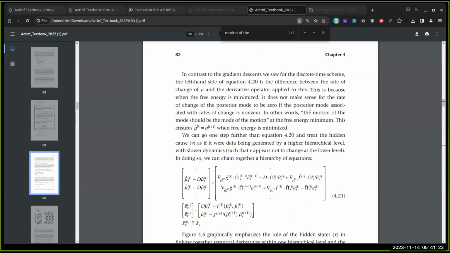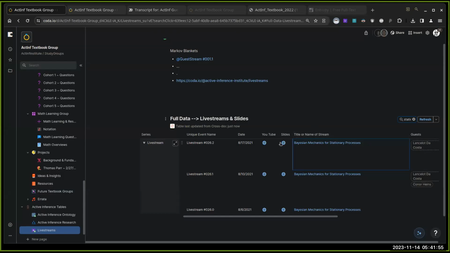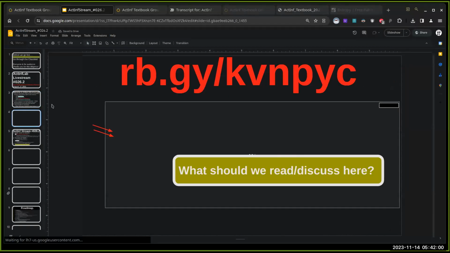So when you have the generalized coordinates of motion, position and higher derivatives, and you have a stationarity in that architecture, when the rate of change is 0 on two different levels that are touching each other, that is the situation that's being addressed here. This is interesting. If I can find a graphical presentation of what's being discussed, I might be able to get it. So yeah, I'll check that out.